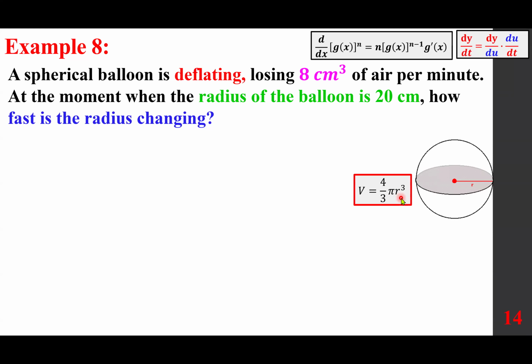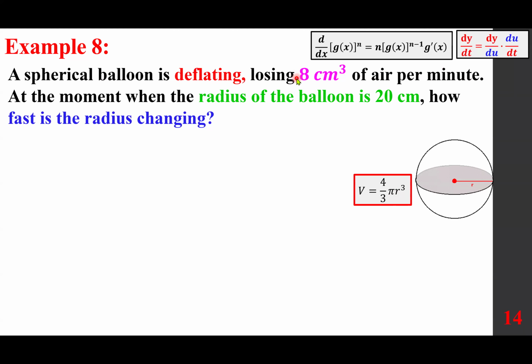Let's reread the question. So it's deflating, losing 8 cubic centimeters of air per minute. So right here, it tells you it's a dV/dt, it's the rate, is minus, and that's the point, deflating or losing, minus 8 cubic centimeters per minute.